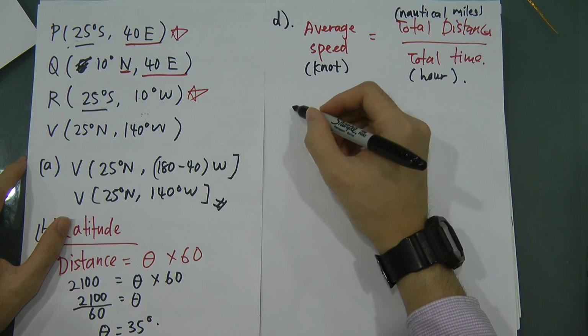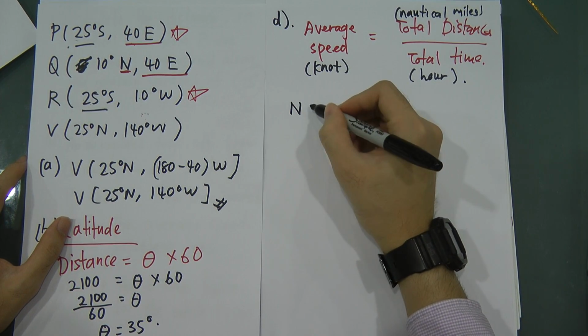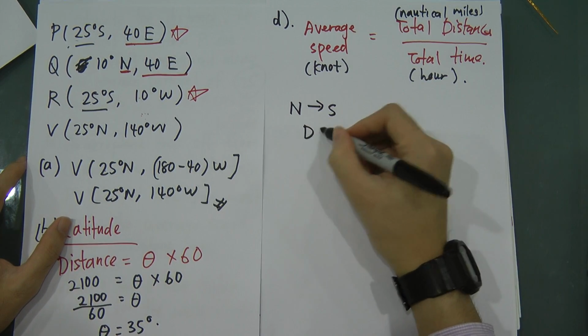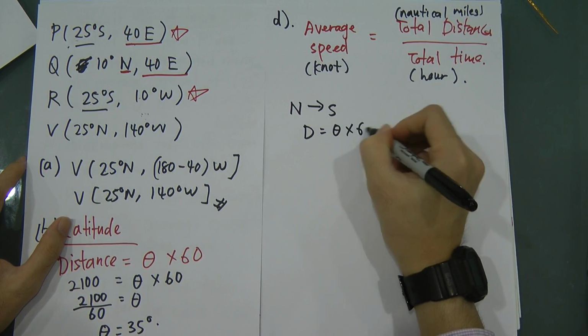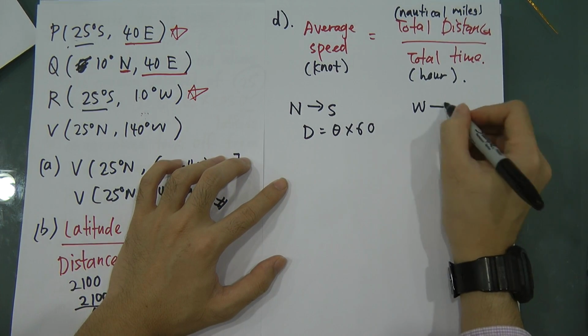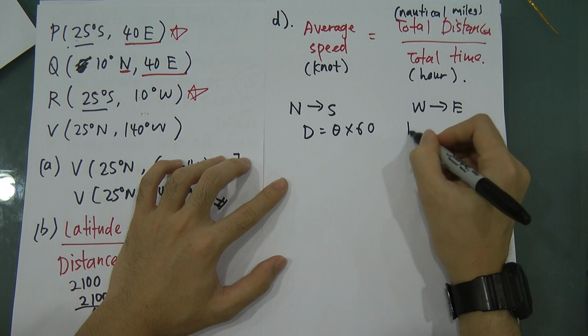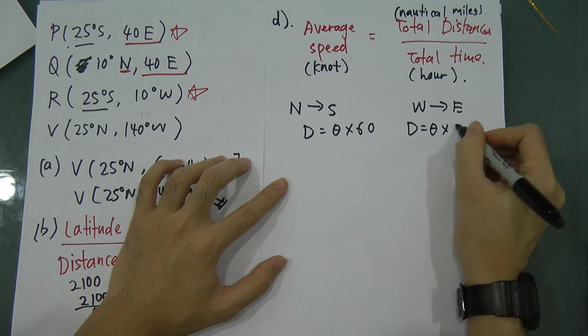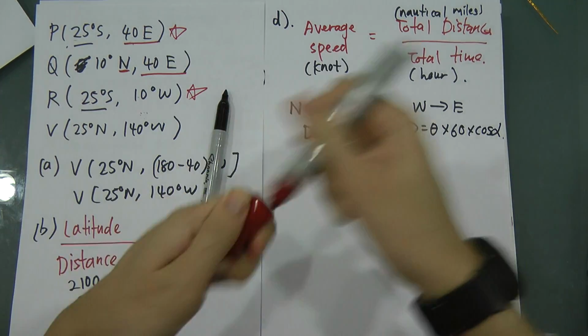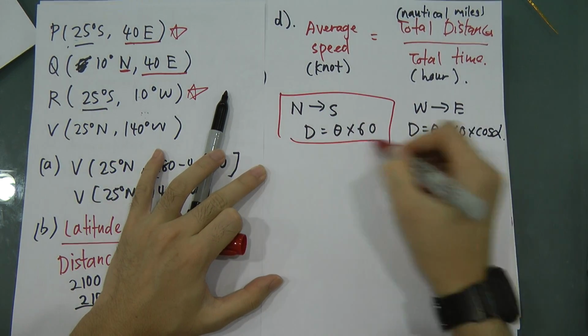If moving north to south or south to north, distance just equals angle multiplied by 60. Memorize this one. If moving east to west or west to east, distance equals angle multiplied by 60 multiplied by cos alpha. This is the easiest way to memorize.